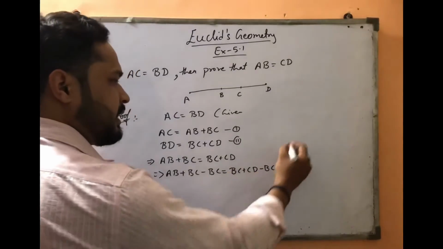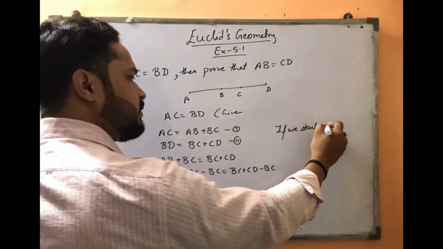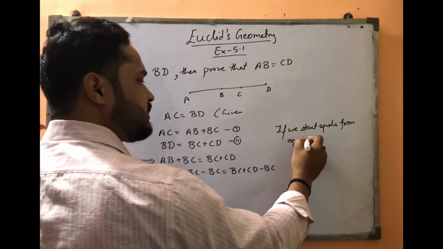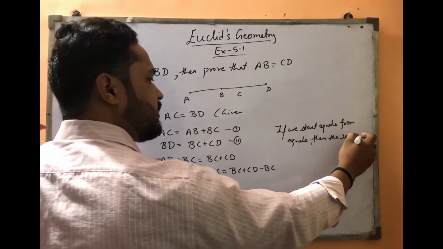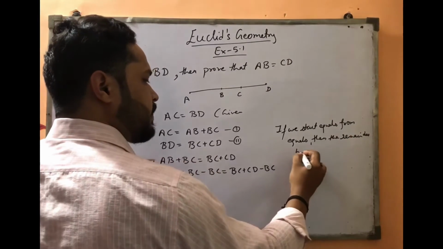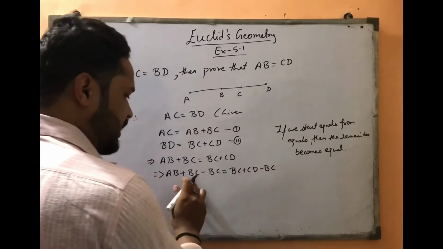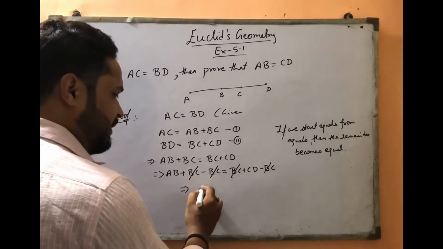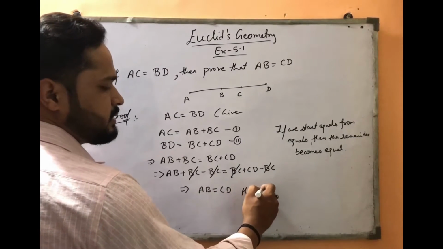The axiom is, if we subtract equals from equals, then the remainders become equal. Right? So now BC will be cancelled out, and you will get AB is equal to CD. Okay? So now hence proved.